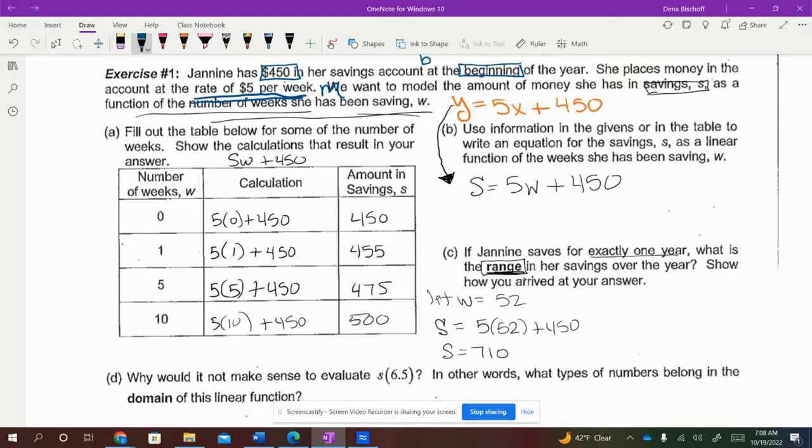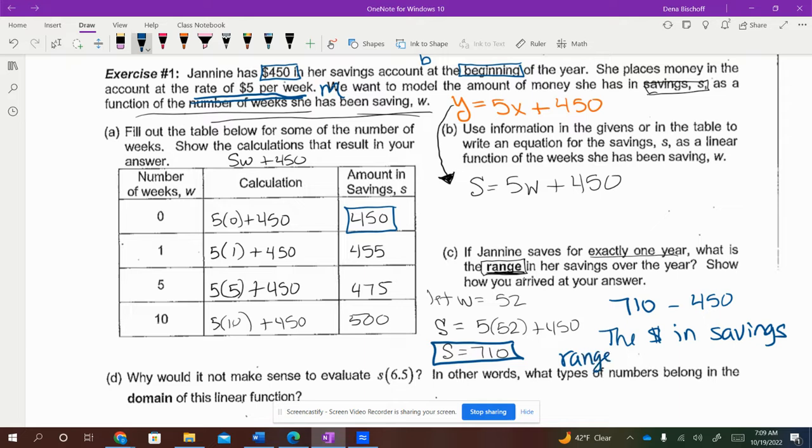So when we talk about the range, we want to look at the most amount of money she had in her savings account and the least amount of money she had in her savings account. So we could say that the money in her savings ranges from $450 to $710.